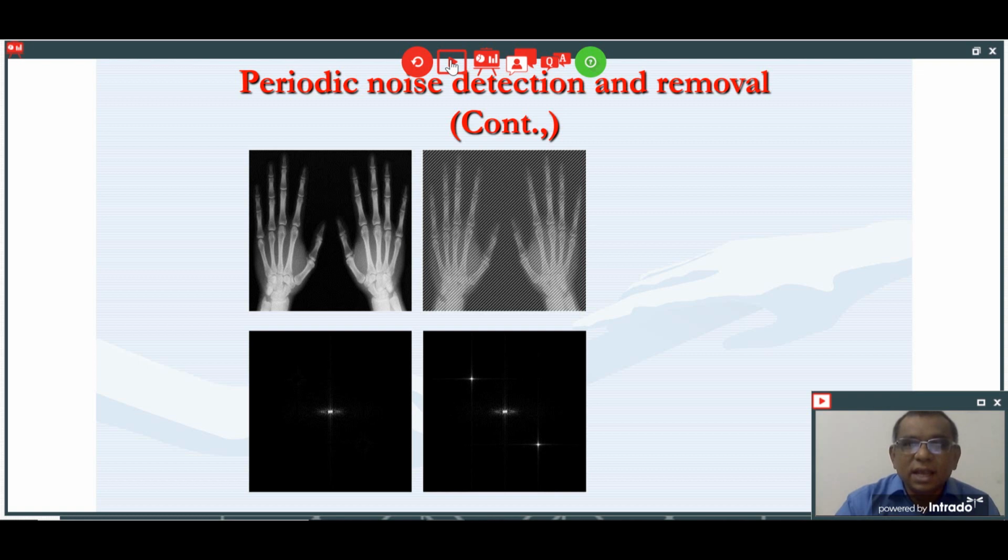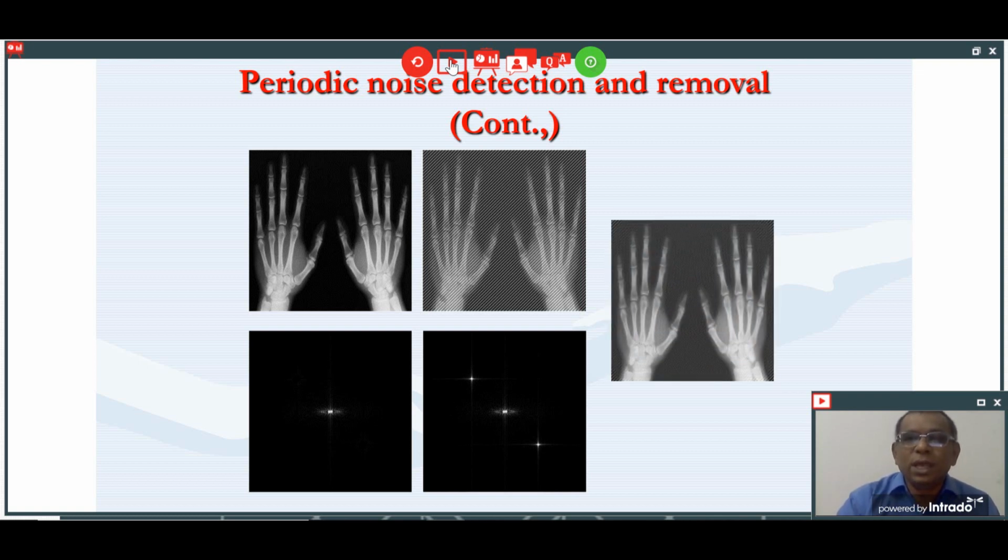The two dots are slightly dispersed, or the distance is large when compared to the previous case. We know very well that whatever action we do in one domain will have an impact in the other domain. That means compression in one domain leads to expansion in the other domain. If we can remove these two intensities, then the impact of this periodic noise could be minimized.